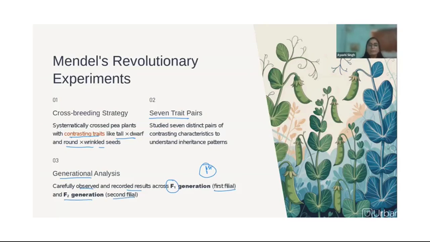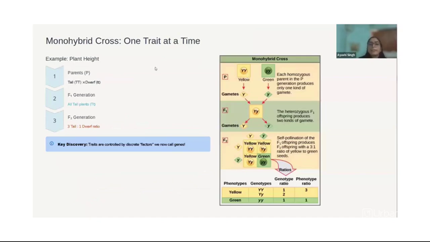First, for example, let me just draw it for you. He took one tall parent whose genetics was completely tall, with two factors for tall only, and a dwarf plant having small t and small t.